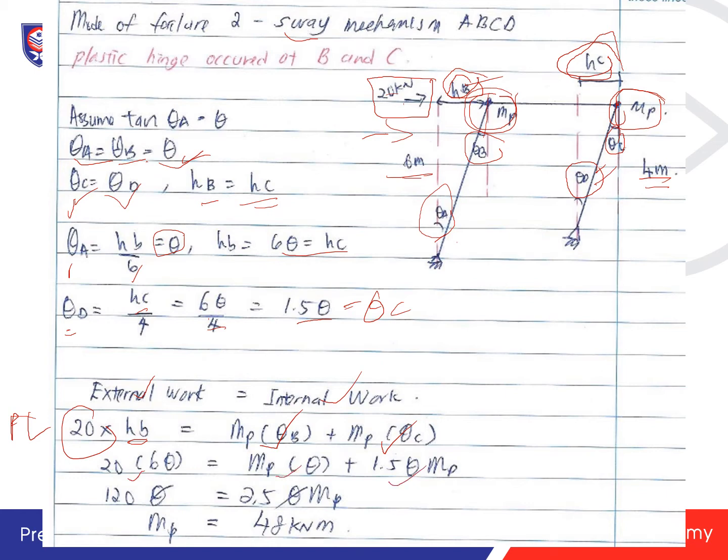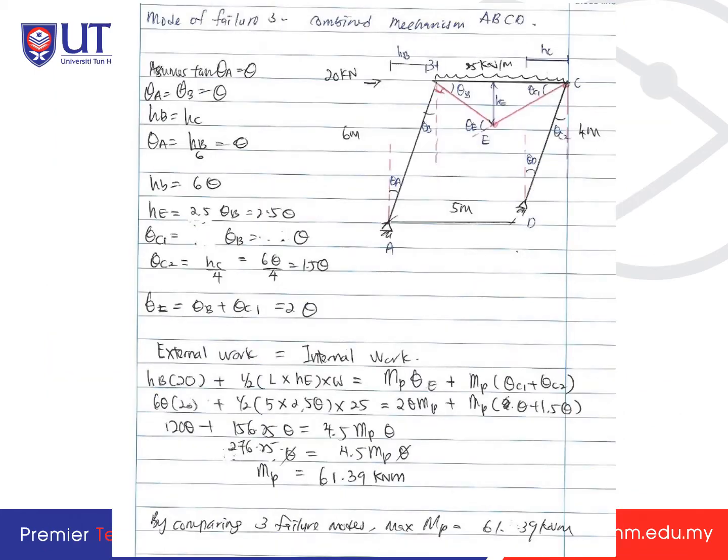After you solve it, you will get MP is 48 kilonewton meter. Now let's go to mode of failure 3, which is the combined mechanism for A, B, C, D.